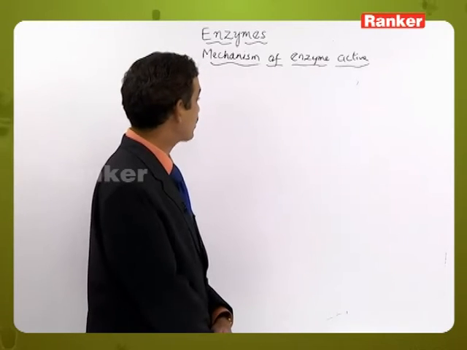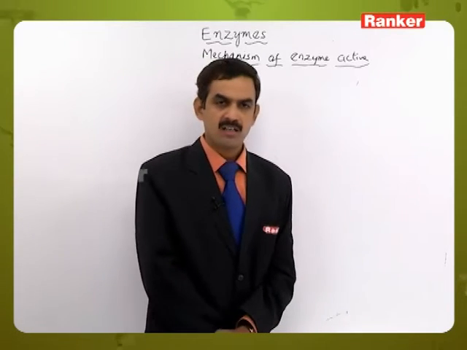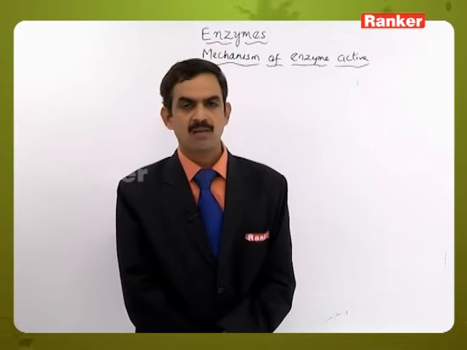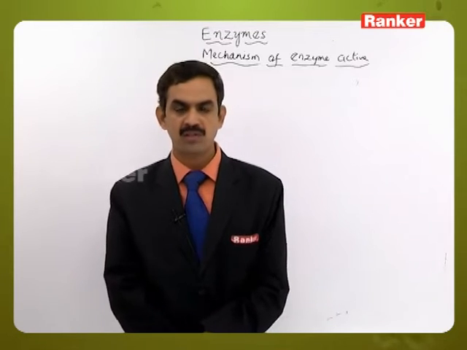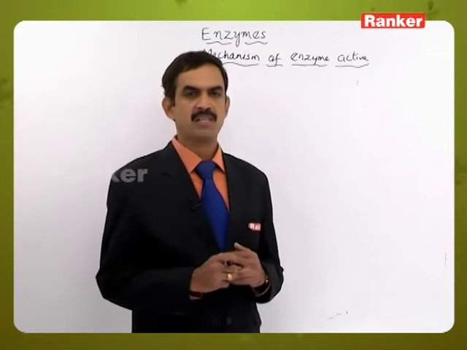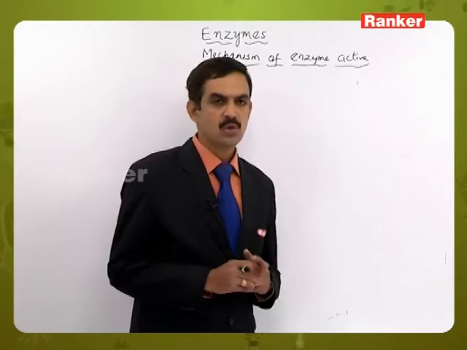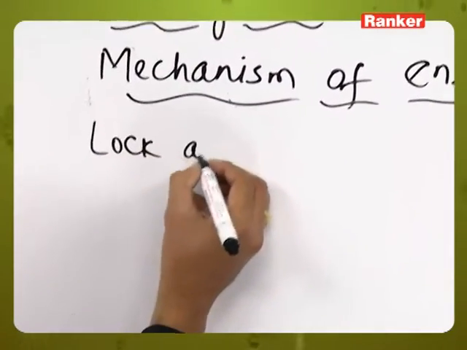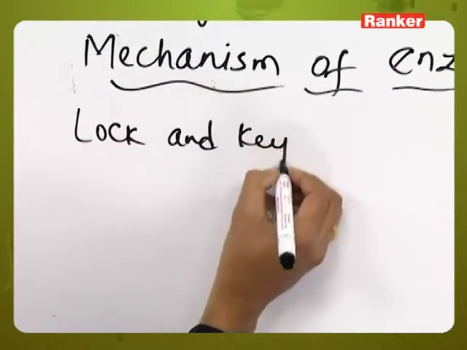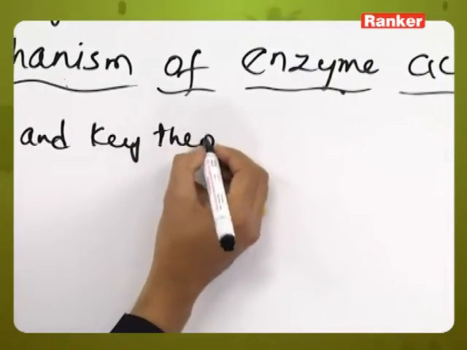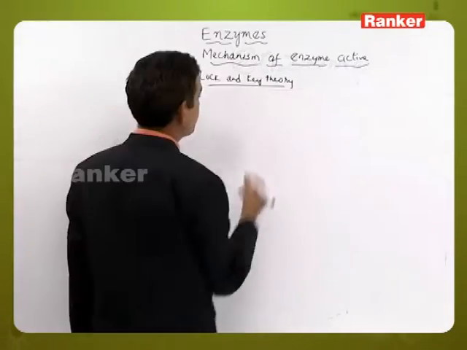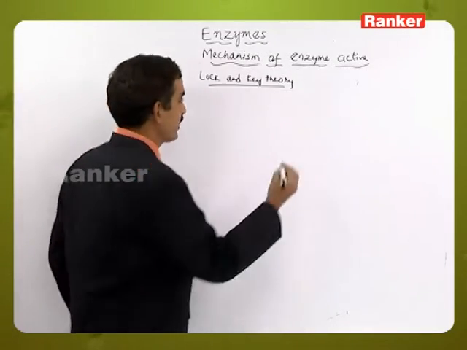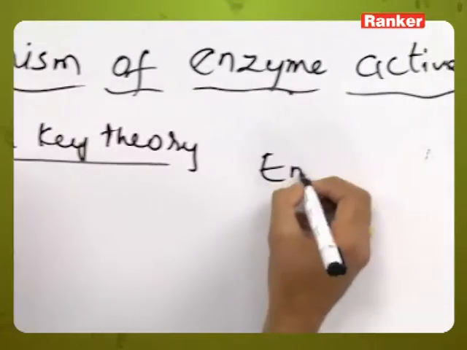To explain the actual mechanism of enzyme action, different scientists have put forward some hypotheses or theories. Out of them, let us discuss some of them. Let us start with the first one, the lock and key theory. This hypothesis was given by Emil Fischer.